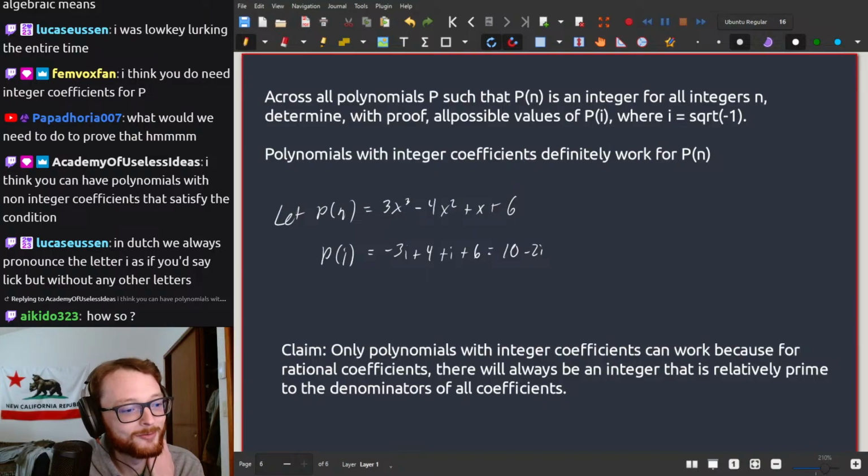Slim disagrees. You think you can have polynomials with non-integer coefficients that satisfy the condition? That seems very difficult.